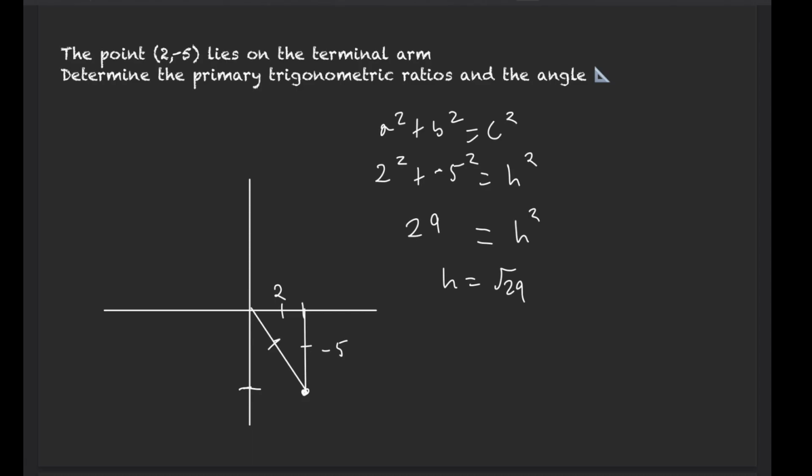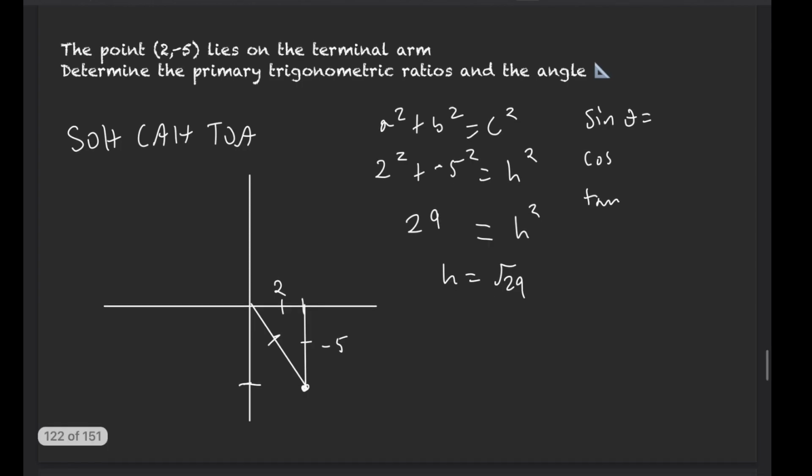And then the three ratios would just be sine, cosine, tangent. So sine theta would be equal to the opposite over the hypotenuse. If we're saying this is theta, then it's going to be negative 5 over root 29, which we can rationalize by multiplying by root 29.